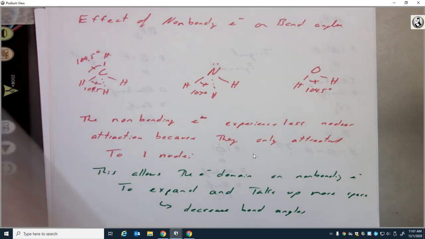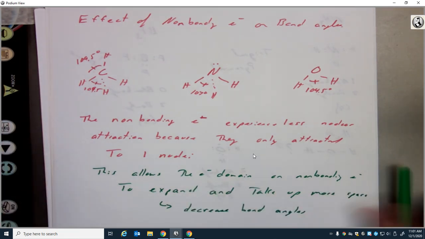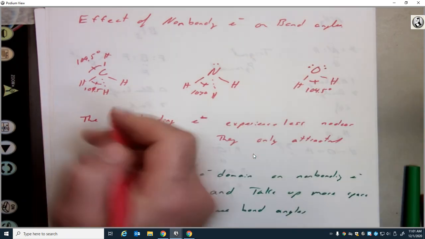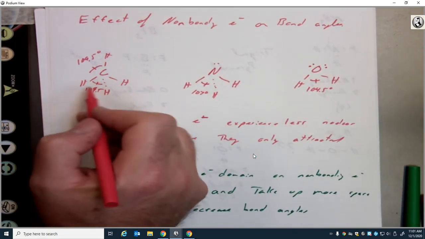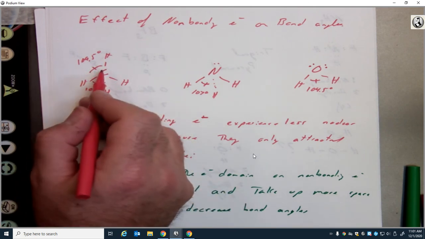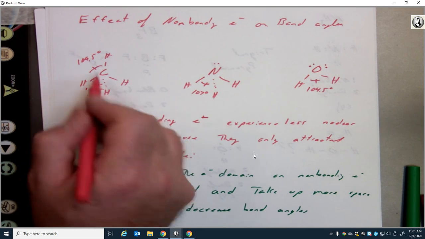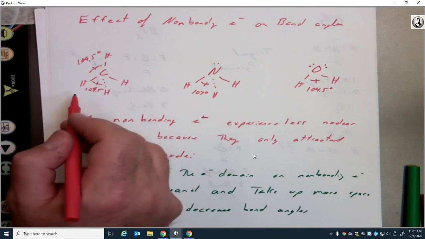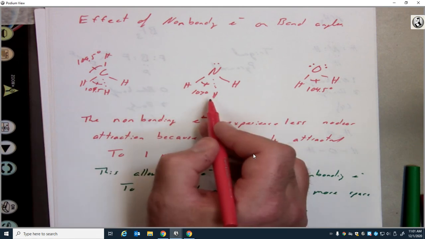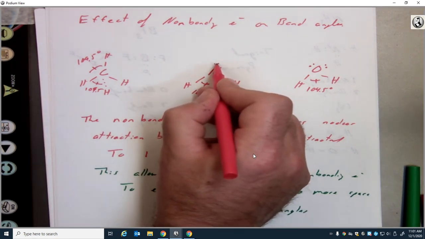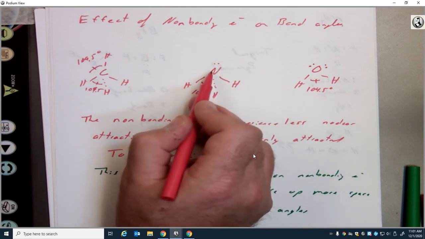So let's take a look at what's happening up here. Okay, so here all four of these are bonding electron domains. Okay, so they repel each other equally. So we get this equal bond angle of 109.5. In this case, we have one non-bonding, and these two electrons are only attracted to one nucleus.